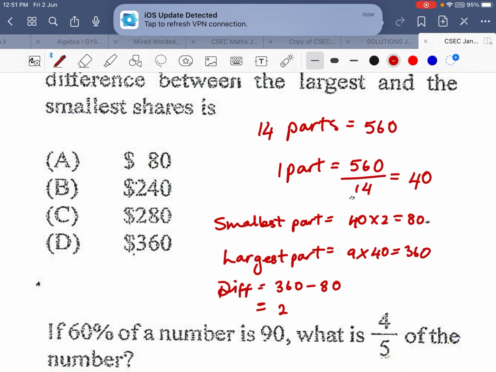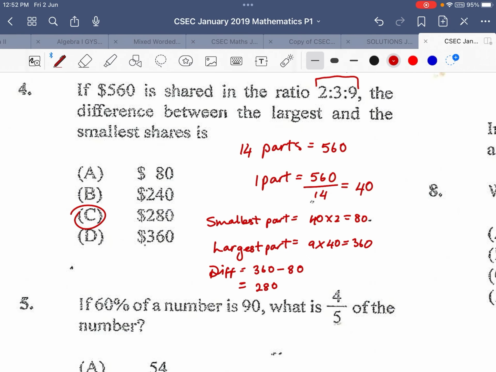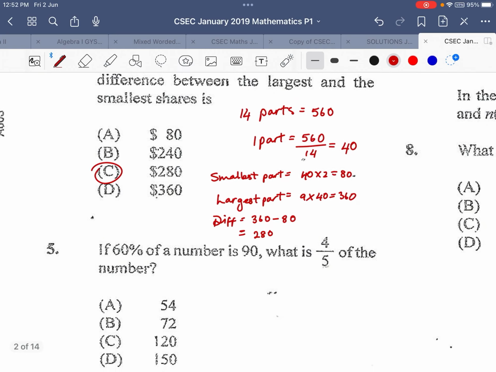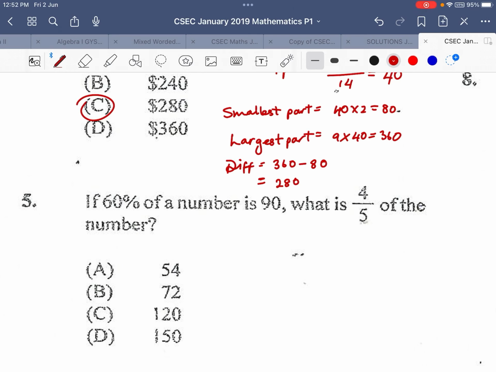That's going to be $280. Okay, so we have to pay attention to what the question is asking us and work accordingly. If I am moving too fast for you, just remember you can pause this video, replay it. You can play it on 0.75 times speed or 0.5 times speed.